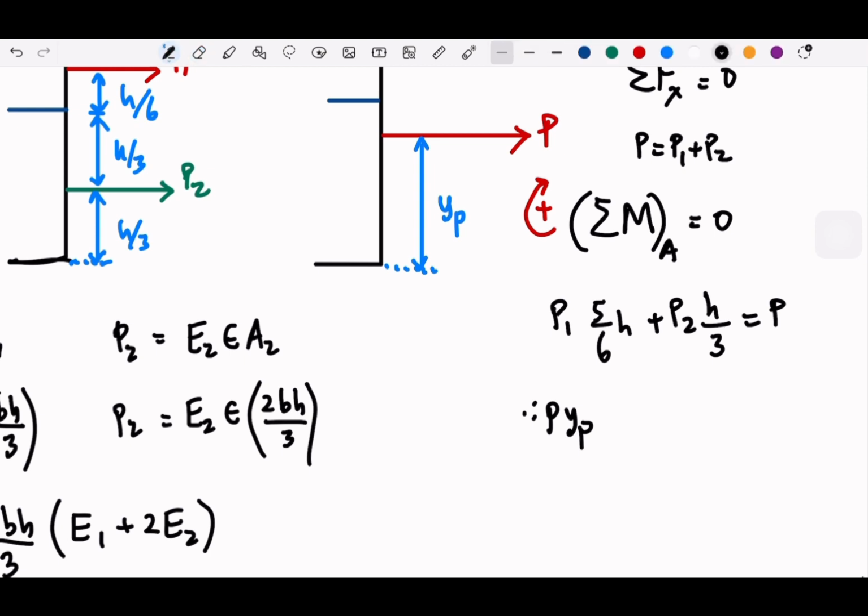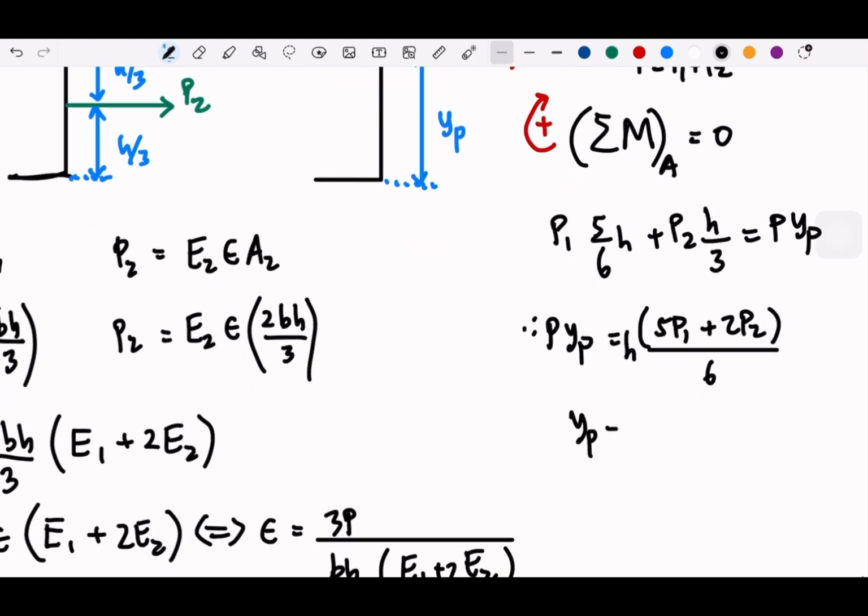P YP is equal to, so this is 6, and let me write H outside, 5 P1 plus 2 P2, right? So YP is H times 5 P1 plus 2 P2 over P.